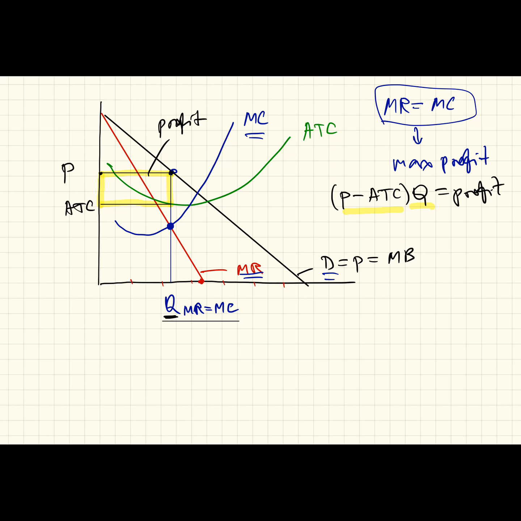Finally, let's talk about efficiency. Would the monopoly bring us to the point of allocative efficiency? Well, to answer this question, we need to find the point of allocative efficiency. And remember, the point of allocative efficiency is when we are making sure that marginal benefit meets marginal cost.